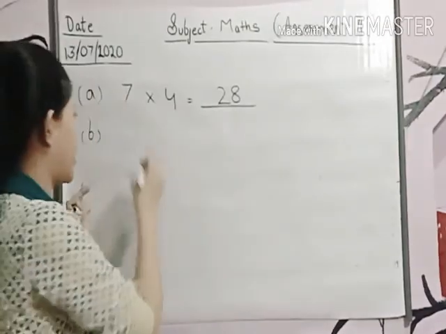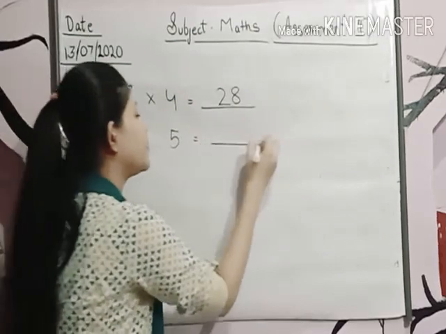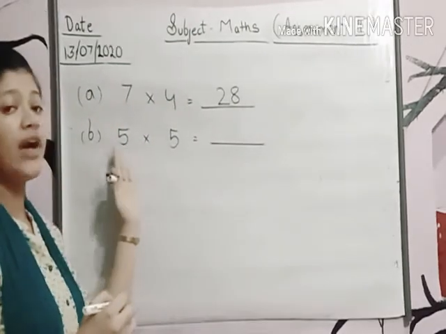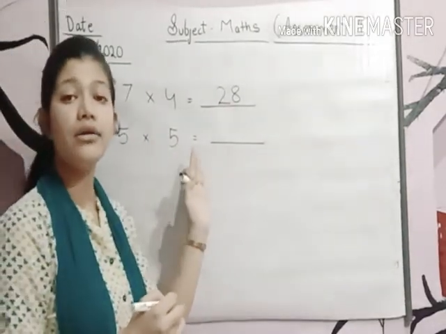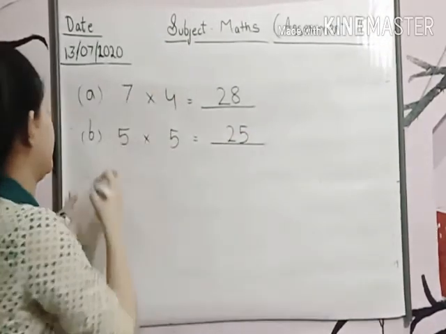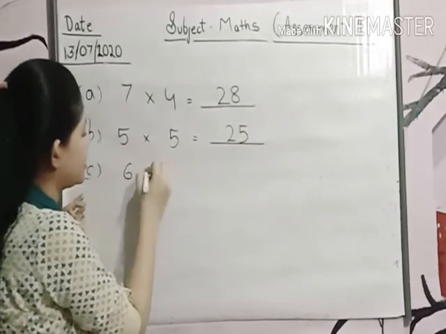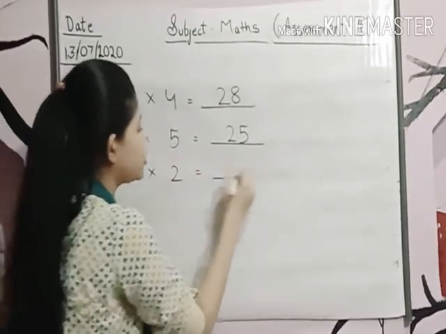5 into 5 is equal to dash. Now tell me, 5 5s are 25. Yes. See, 6 into 2 is equal to dash.